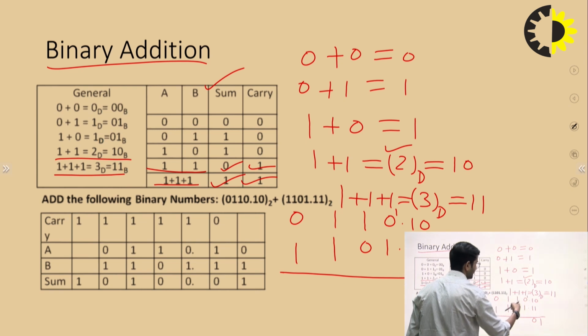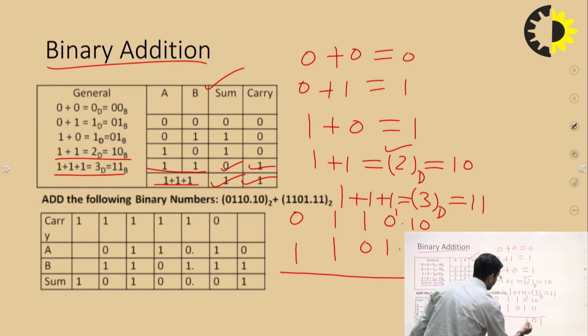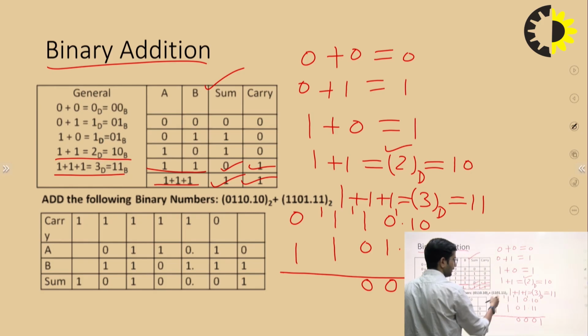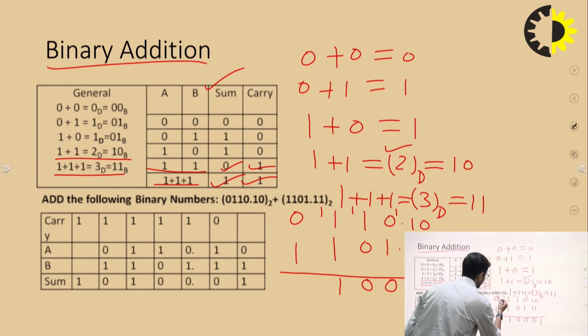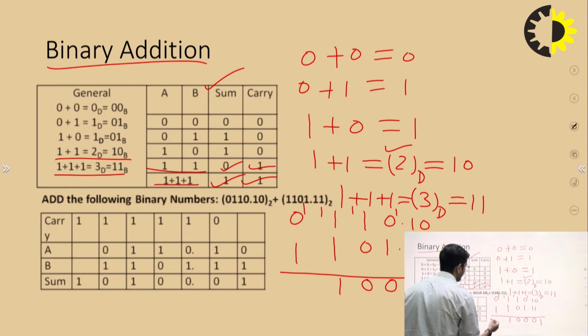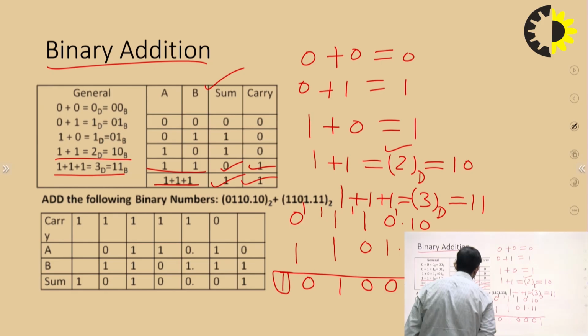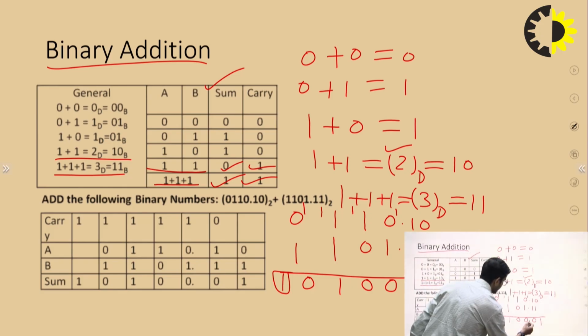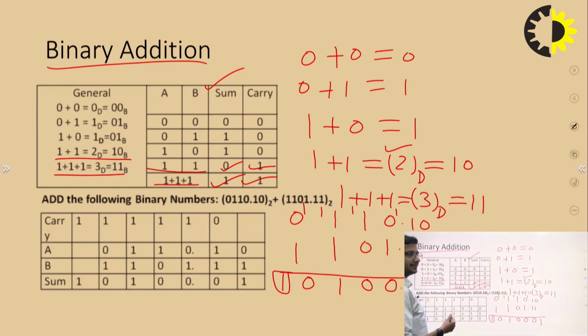Then 1 plus 0 plus 1, again sum is 0, carry is 1. 1 plus 1, again sum is 0, carry is 1. Now here three ones are in the addition. So 1 plus 1 plus 1, sum is 1, carry is 1, and 1 plus 1, sum is 0, carry is 1. So this is our final carry 1. The addition of these two numbers should be 1 0 1 0 0 dot 0 1. That's how we perform the binary addition of two numbers.